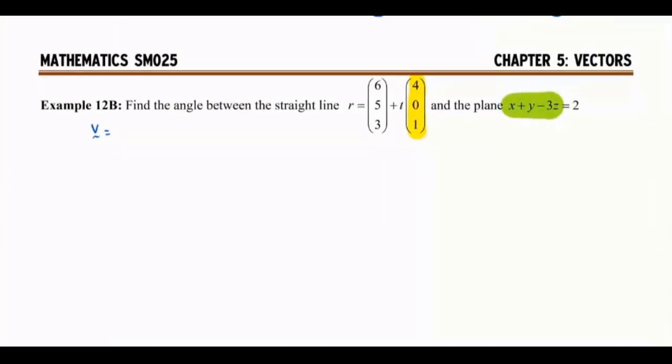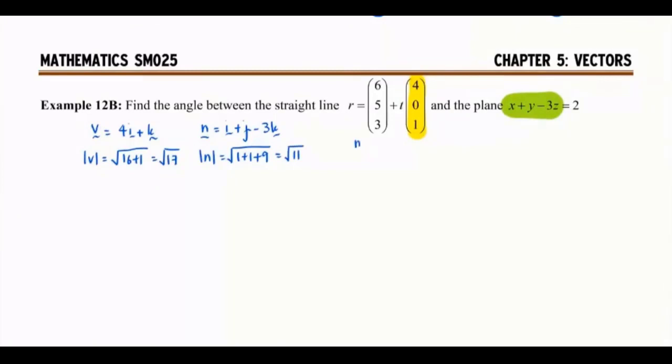Okay, so V adalah 4i plus k, and then your N which is i plus j minus 3k. So magnitude for V will be square root of 16 plus 1, directly we have square root of 17. Magnitude for N will be 1 plus 1 plus 9, will be square root of 11.